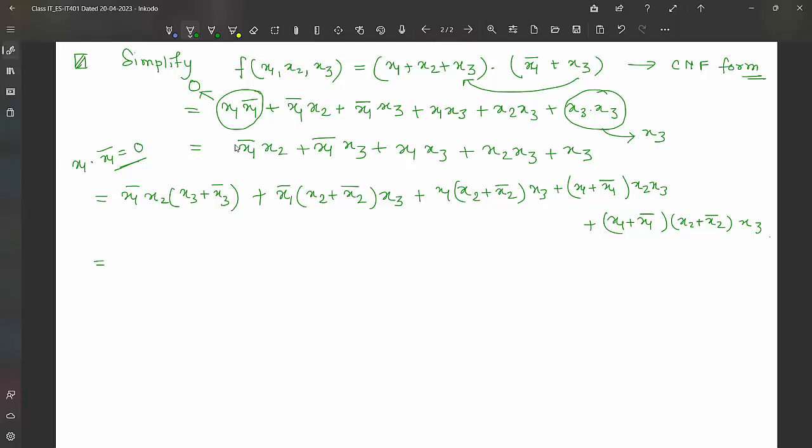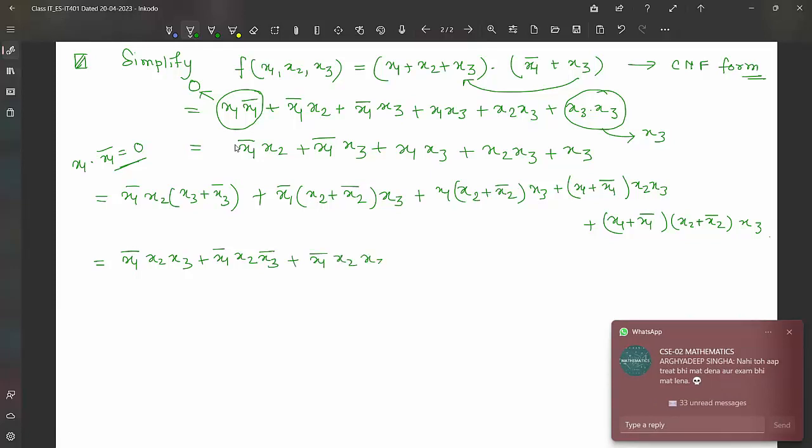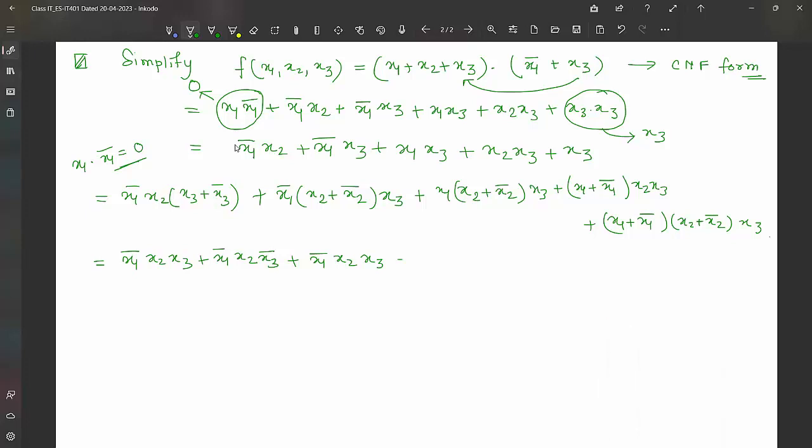And what is the product? So x1 bar x2 x3, plus x1 bar x2 x3 bar, plus x1 bar x2 x3, and plus x1 bar x2 bar x3, plus x1 x2 x3, plus x1 x2 bar x3, plus x1 x2 x3.